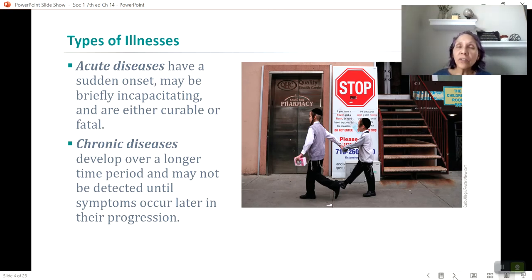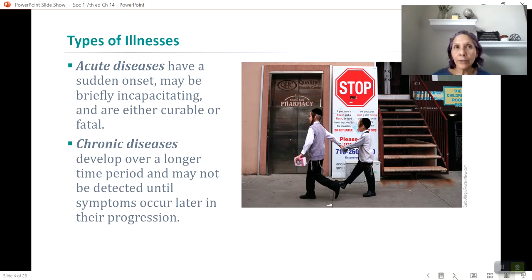Chronic diseases are things that generally develop slowly over time to the point that we don't know that we are developing them until we are not feeling well, we go to the doctor, tests are performed, and then that's when we find out we have something such as type 2 diabetes, which is adult onset diabetes, or maybe we have high blood pressure, chronic high blood pressure, or our cholesterol is too high.